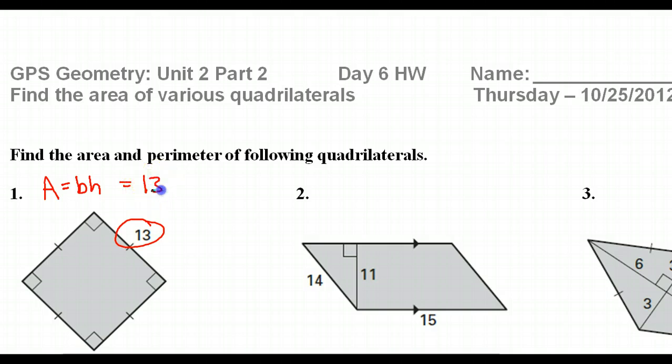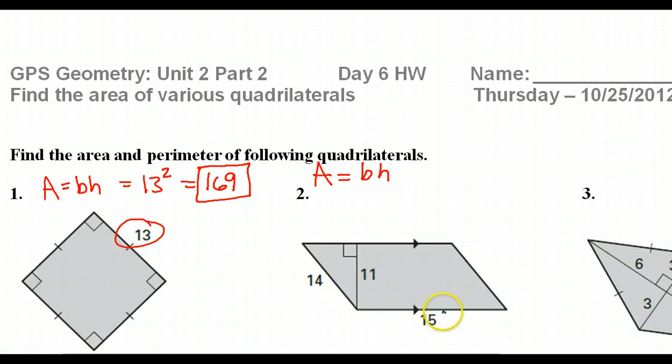So it's really just going to wind up being 13 times 13, or 13 squared, which is 169. So that would be number one. Number two, the area of a parallelogram, again, is base times height.